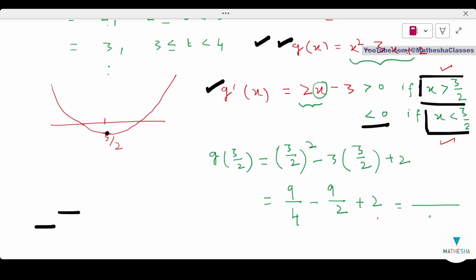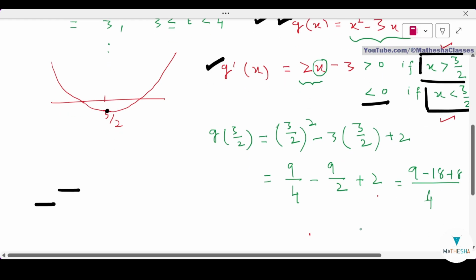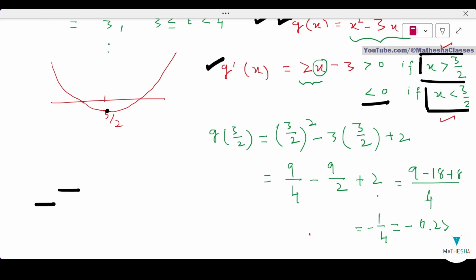So that is, over 4, 9 minus 18 plus 8. So that is minus 1 upon 4 is equal to minus 0.25. So at this point the value is minus 0.25.